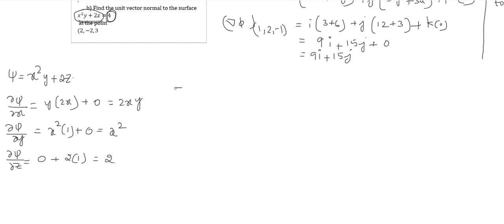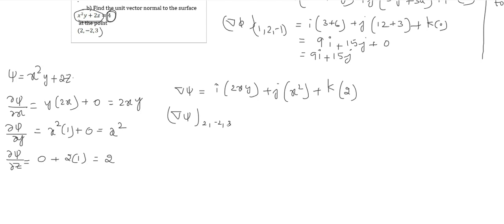So now the gradient of xi, what is that? It is i into dou xi by dou x, which is 2xy, plus j into dou xi by dou y, which is x square, plus k into dou xi by dou z, which is 2. So now we have to calculate the gradient of xi at the point 2, minus 2, 3, at x equal to 2, y equal to minus 2, z equal to 3.